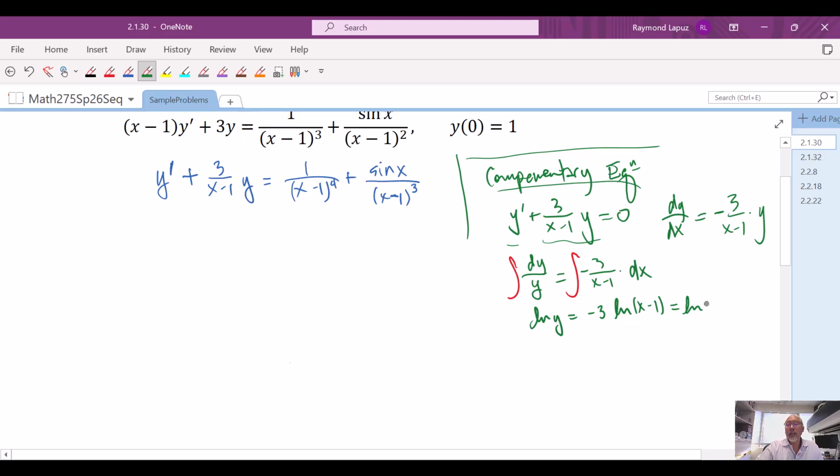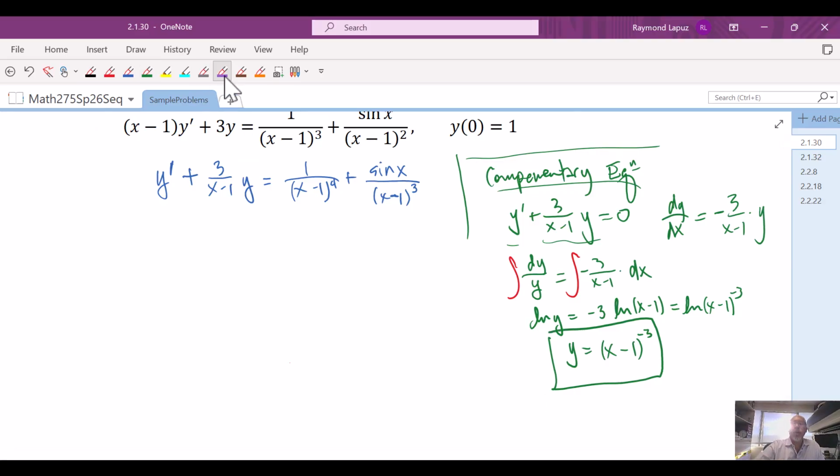We're going to get the ln of x minus 1 to the negative 3 power, and so we get y is equal to x minus 1 to the negative 3, or 1 divided by x minus 1 to the 3rd. Okay, this is our solution to the complementary equation, and we actually will end up calling this y sub 1.